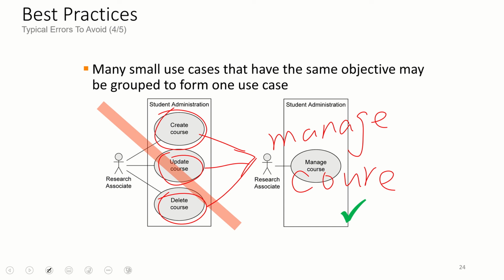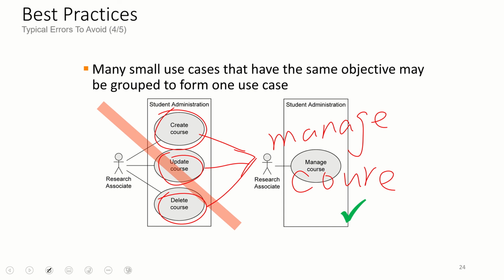As we said, the use case diagram is a high-level diagram to represent the functionalities of the system. We don't need to make them too detailed. We know create course is part of manage course, along with update course, delete course, revise course, and edit course.